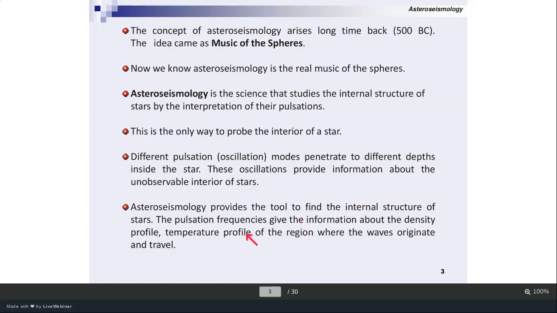Asteroseismology provides a tool to find the internal structure of the star. The pulsation frequencies give information about the density profiles, temperature profiles, and regions that we are looking at in detail, where there's no other way of studying this internal structure. So that is the idea of asteroseismology.